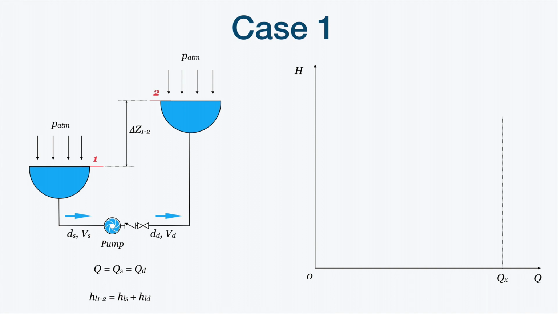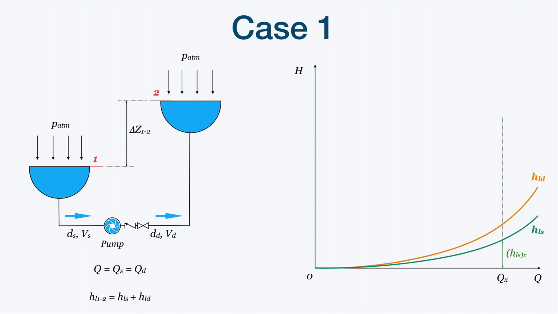Remember, since these systems are in series, we select a fixed value of flow rate. The flow rate will be the same in every one of these pipes. We can draw the head losses curve for the suction pipe. We have the specific head losses for this value of Qx.